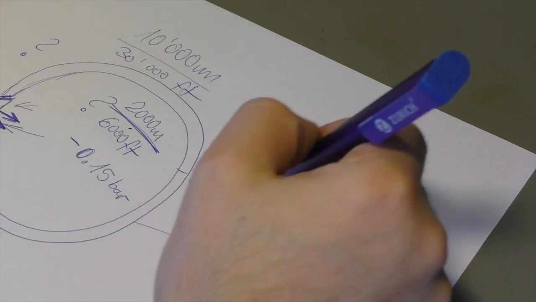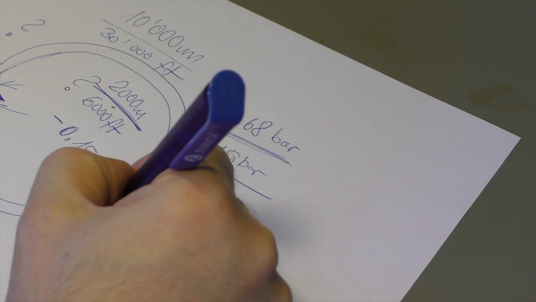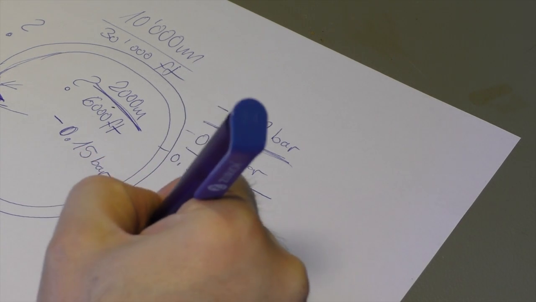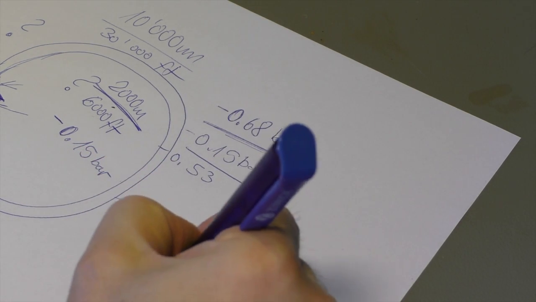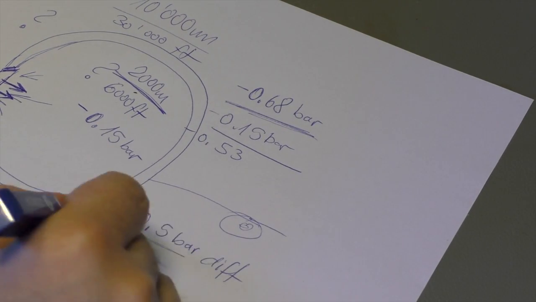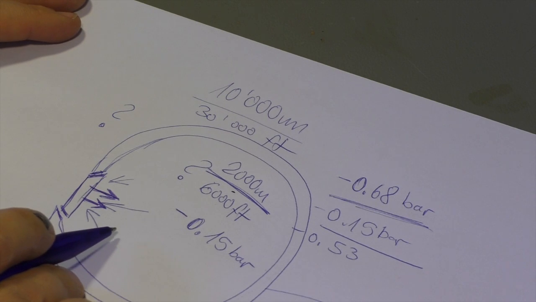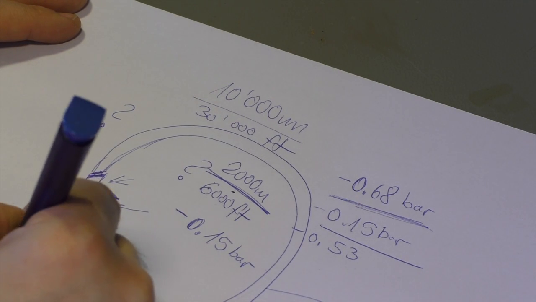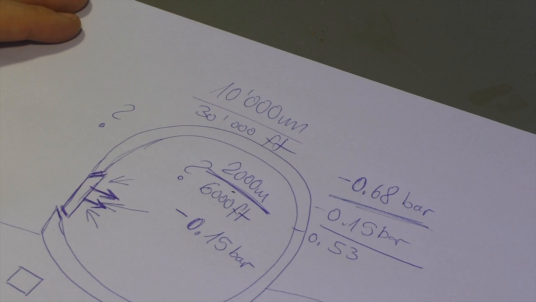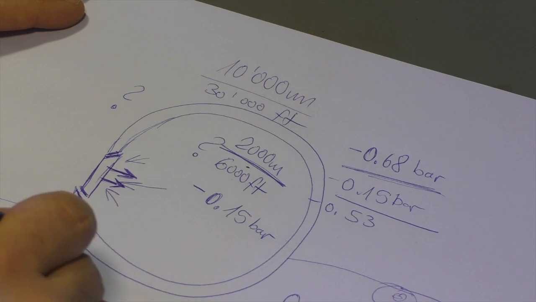So we can say, because this is all rough calculation, about 0.5 bar difference from inside to outside. Half a bar. That means on this door, on every square centimeter, it's about half a kilo of pressure.